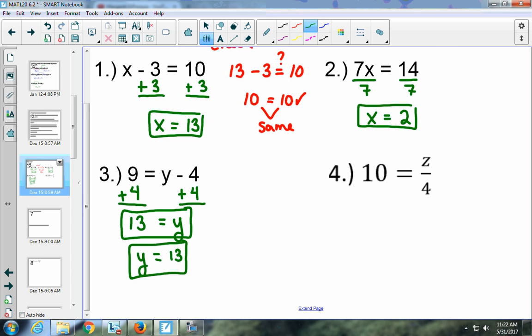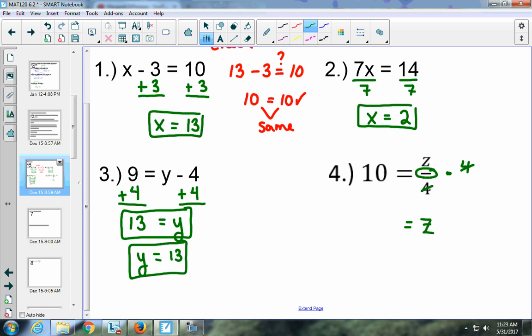And if we look at this last one, 10 equals z over 4. It's important to remember that that fraction bar means division. To undo division, we use multiplication. That'll make our 4's completely cancel out and just give us z on the right-hand side.